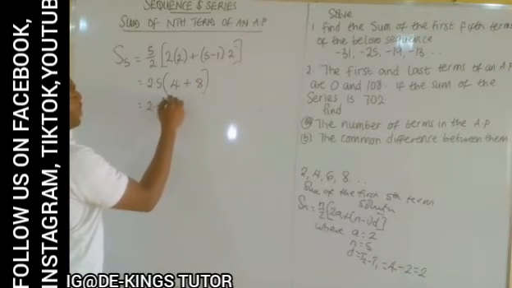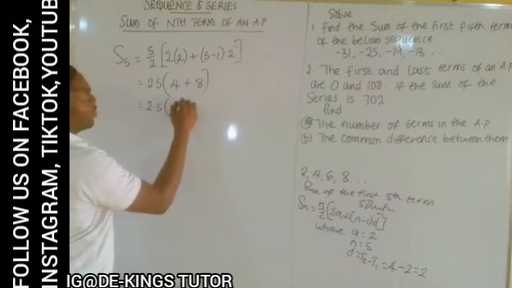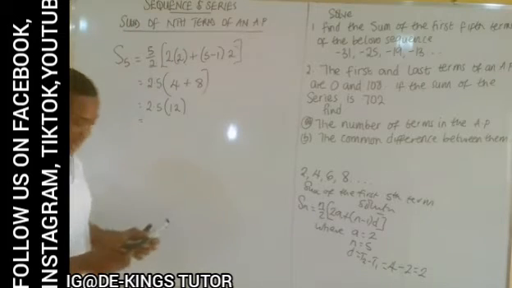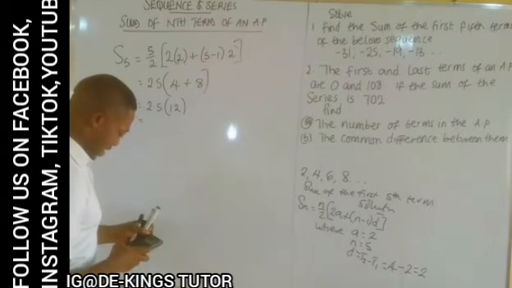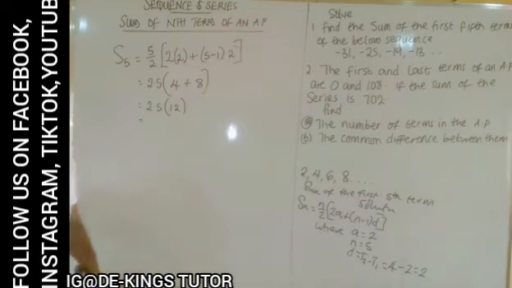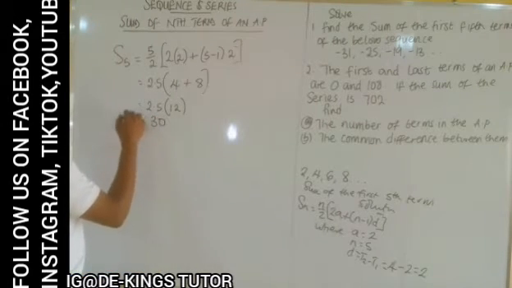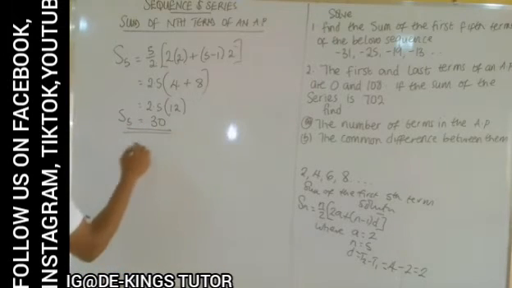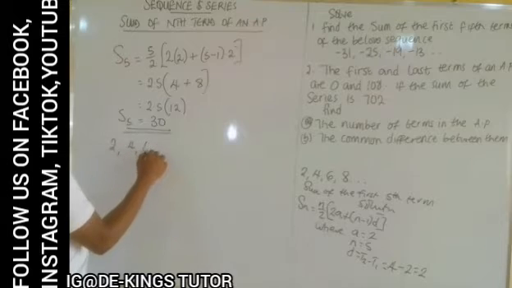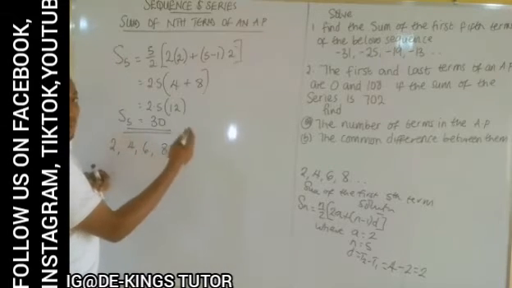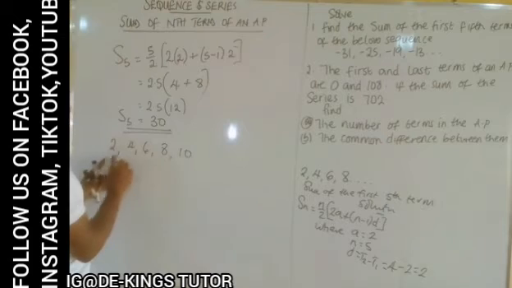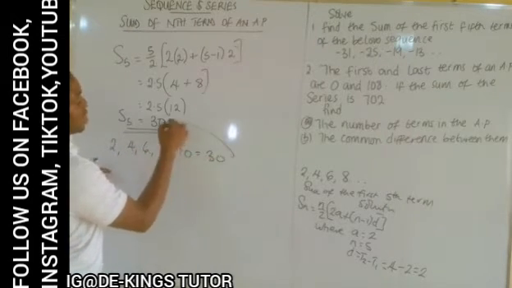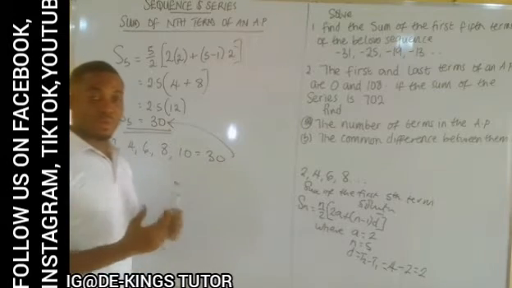So we have 2.5 into 4 plus 8, which is 12. And 12 multiplied by 2.5 gives us 30. So the sum of the first 5 terms is 30. If you have 2, 4, 6, 8, the fifth term we already know is 10. So if you add them together, 2 plus 4 plus 6 plus 8 plus 10, it gives us 30. That is basically what that formula does.